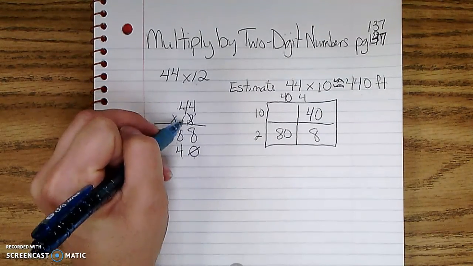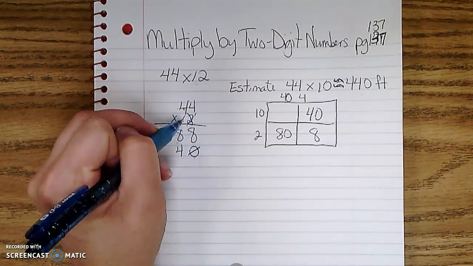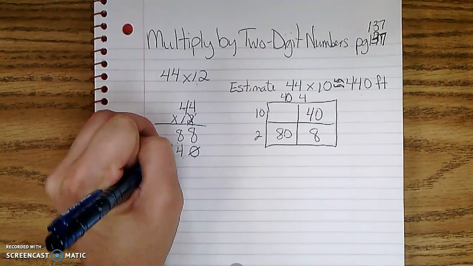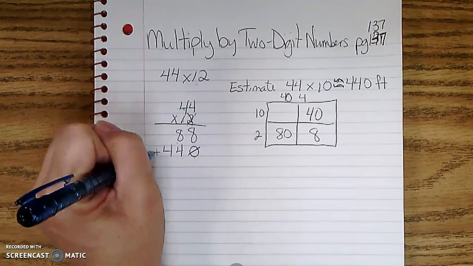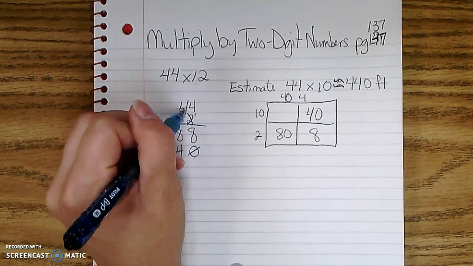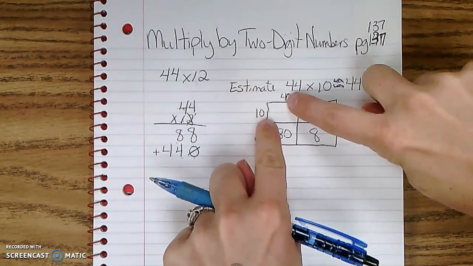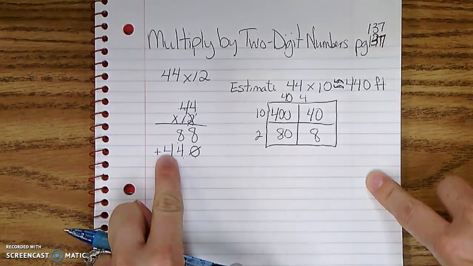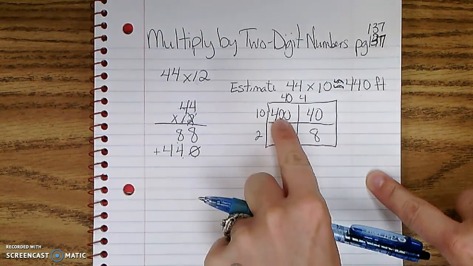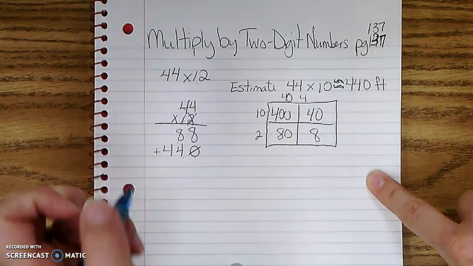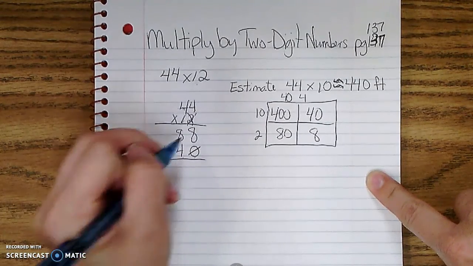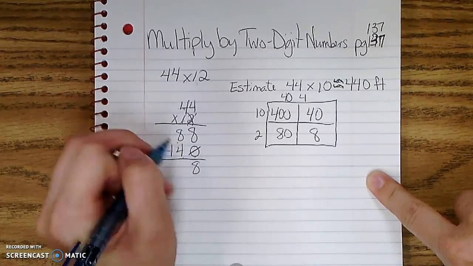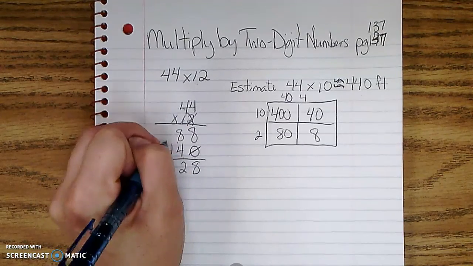And then I'm going to multiply that 1 here with the 4. So 1 times this 4 is 4. And if you think about in actuality, that's a 10 times a 40. Just like here, a 10 times a 40, which is 400. And look at 440. So now we're going to add. 8 plus 0 is 8. 8 plus 4 is 12.